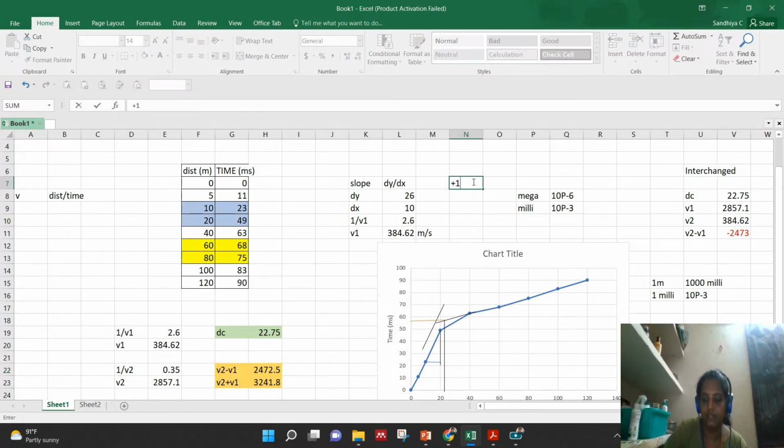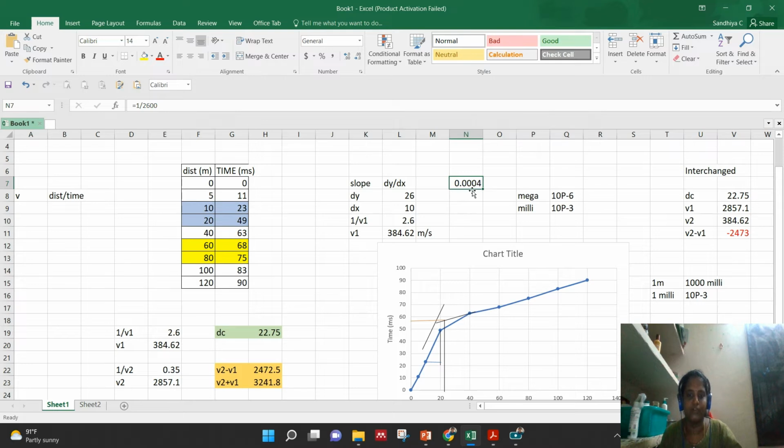1 divided by 2600. Hey, I'm not getting that value. I'm getting some 0.004. Wait, I'll just.